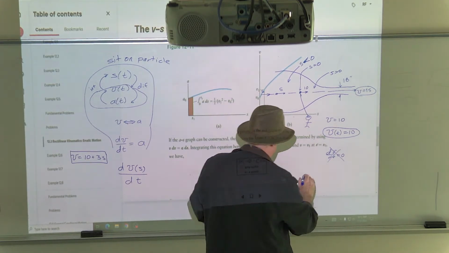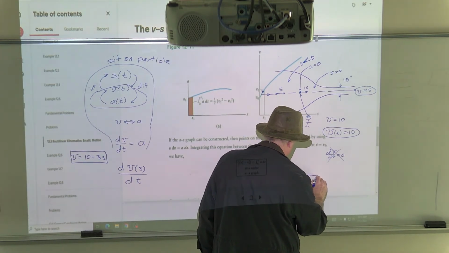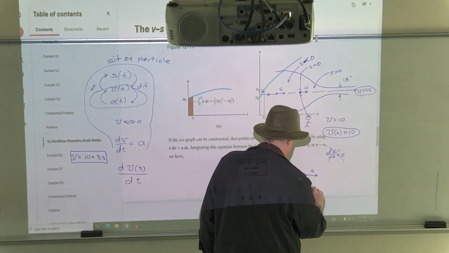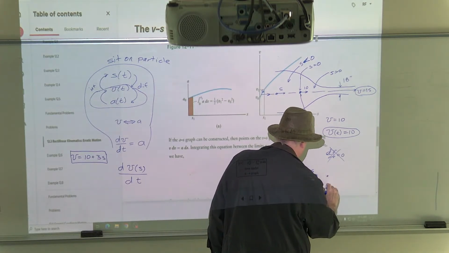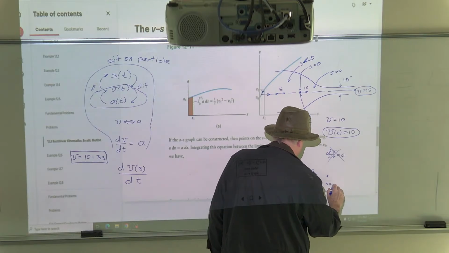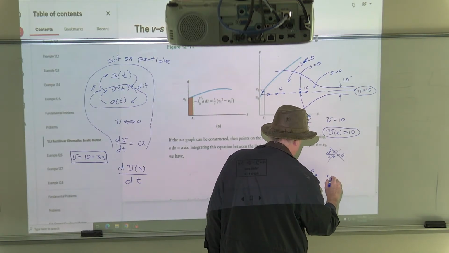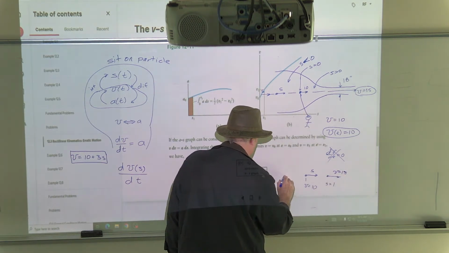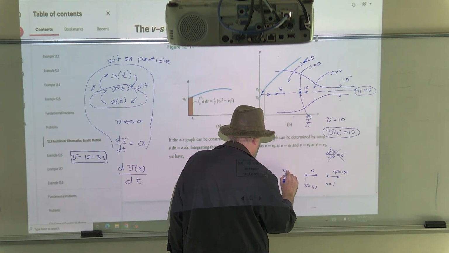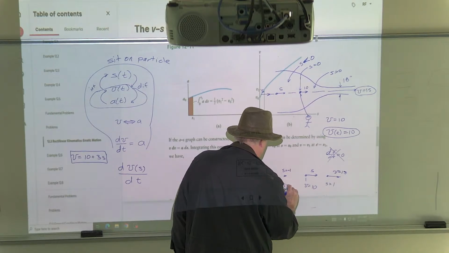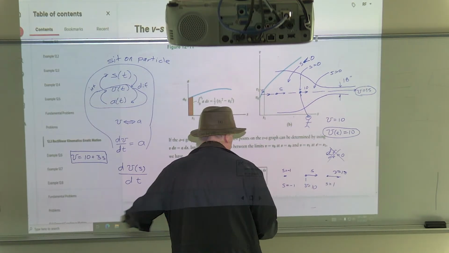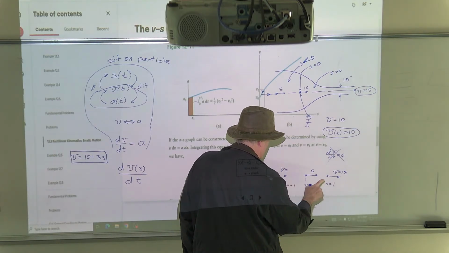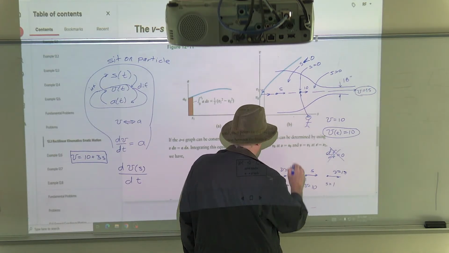So my axis, if I looked at it, I would say here's s, happens to be v is equal to, what did I say, 10? And then over here, say s is equal to 1, the velocity was equal to 15. Back over here, s is equal to minus 1, you have the velocity equal to, what I said, 5.